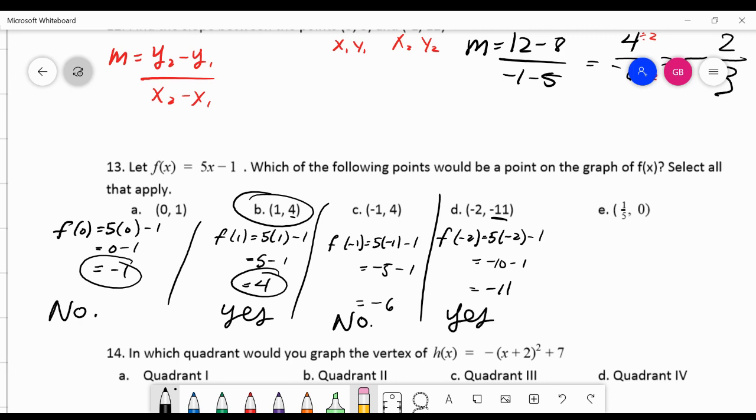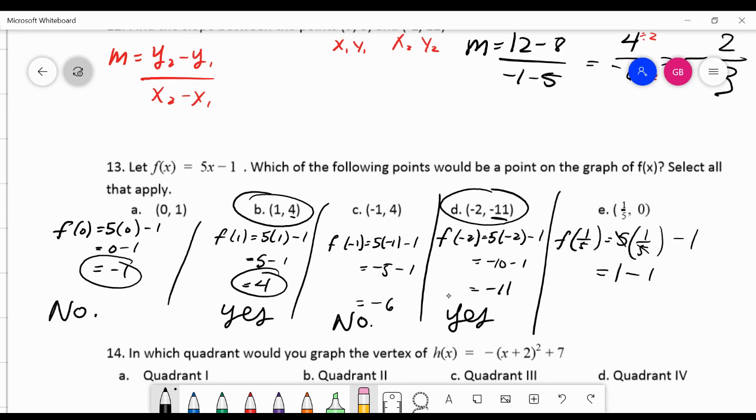Yes, matches. And then f of 1/5 is equal to 5 times 1/5 minus 1. The 5 simplifies, you have 1 minus 1, which is 0. So that's another yes. So this one has 3 answers.